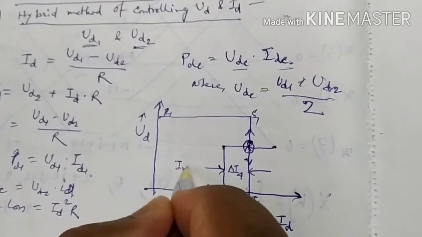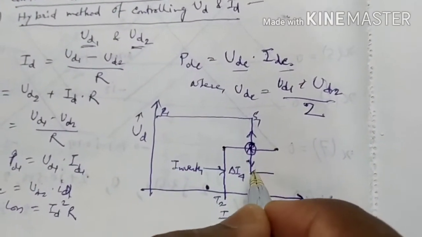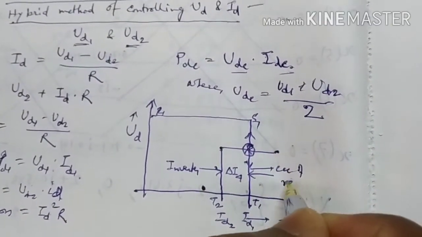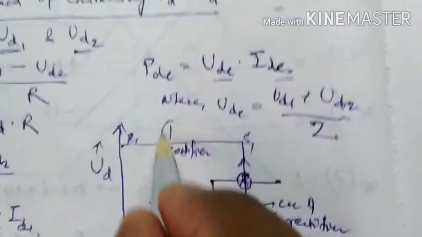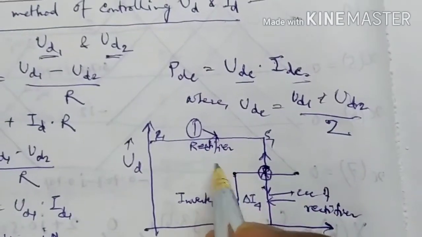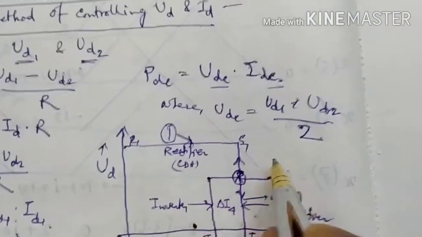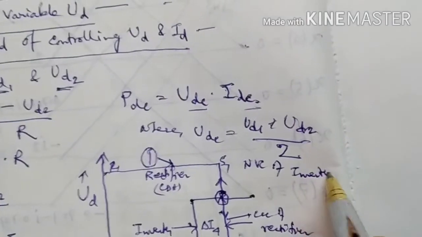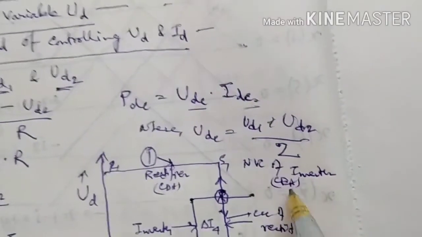And that is the inverter mode, and that will be the CCC of the rectifier, and that is also the rectifier CDA, and that is the NVC of the inverter, that is CEA.